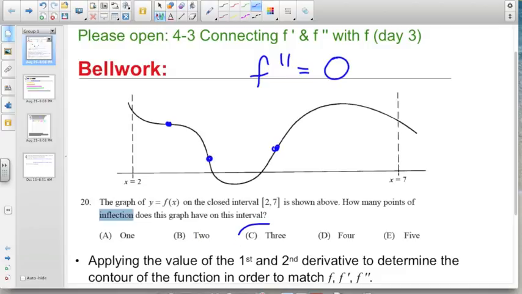So definitely 3. Okay, so we know our second derivative here equals 0.